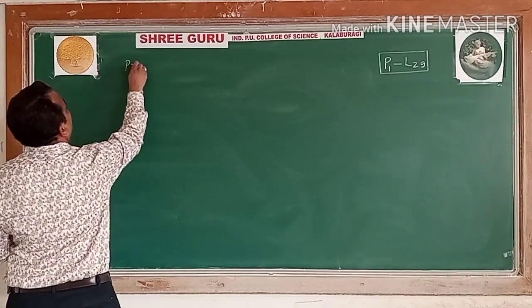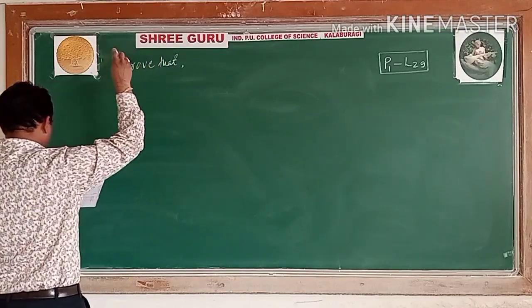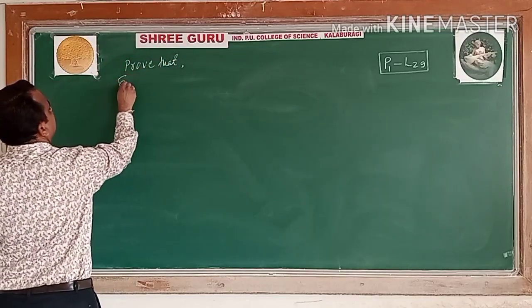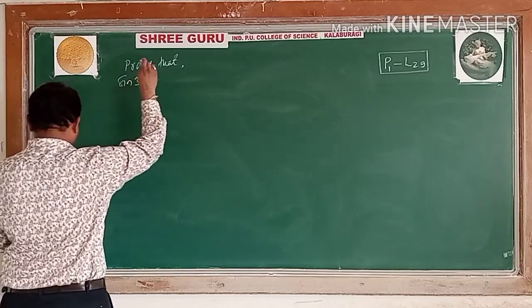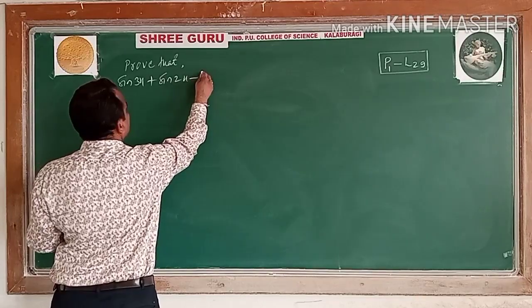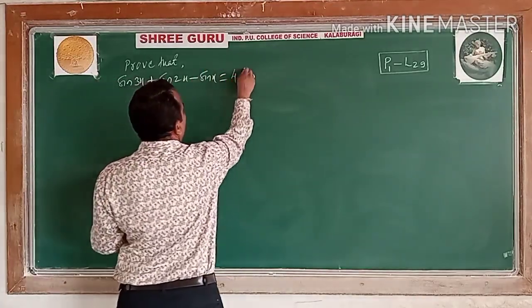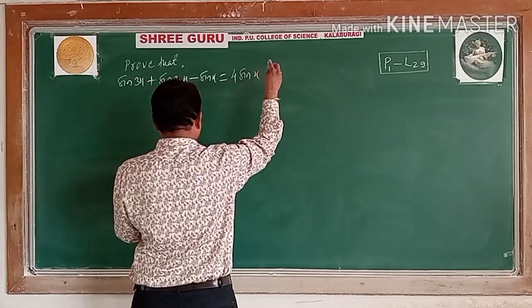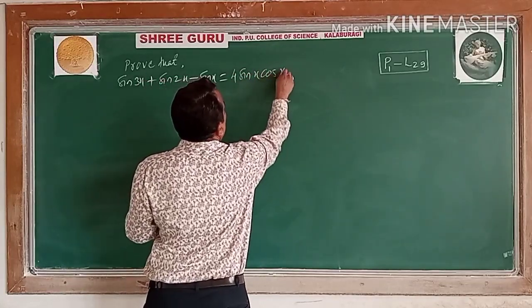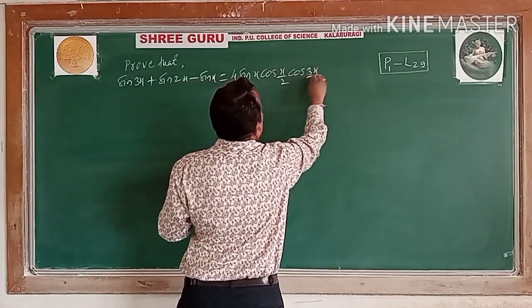Prove that sin 3x plus sin 2x minus sin x is equal to 4 sin x into cos x by 2 into cos 3x by 2.